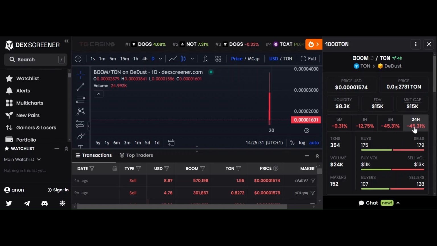and the coin is doing really badly. It has lost almost 50% of its worth within the last 24 hours, and judging from the candle, it's really going down. It opened shot upwards and they started dumping. So let's check the 15-minute time frame and see.